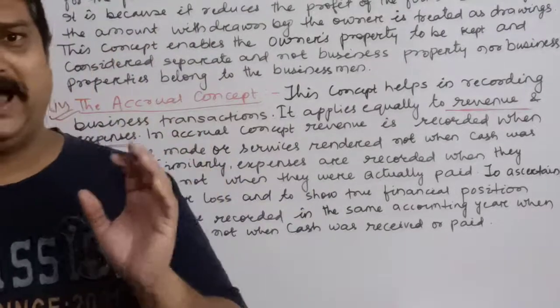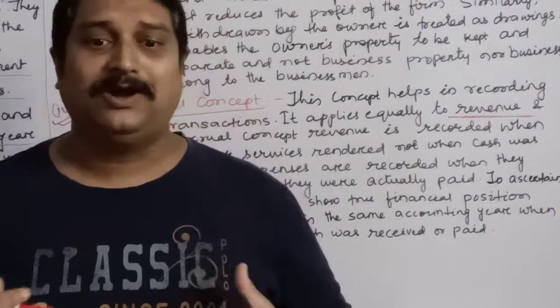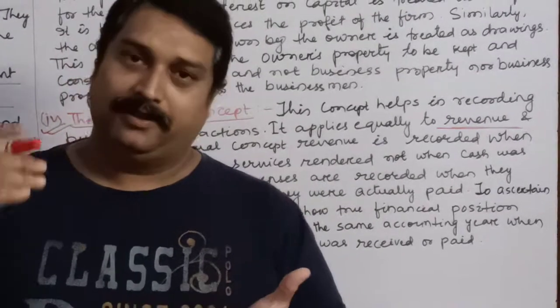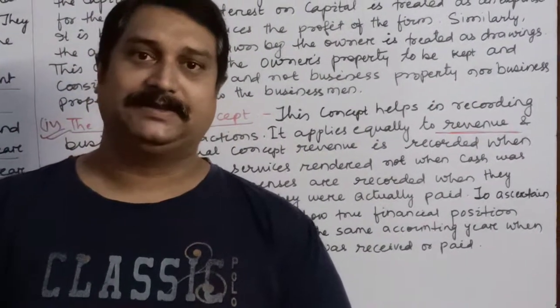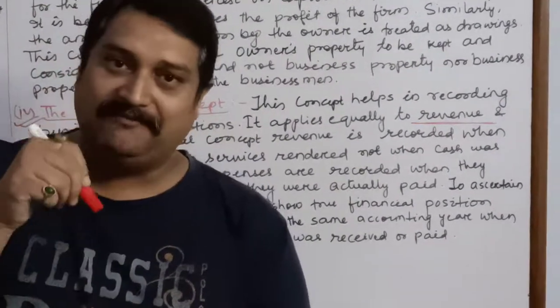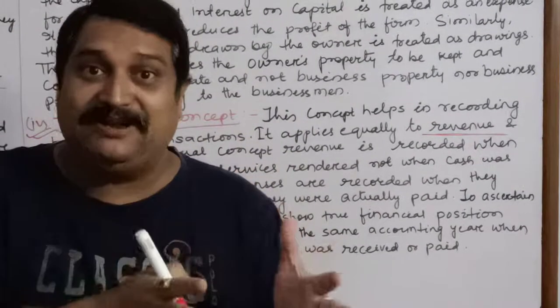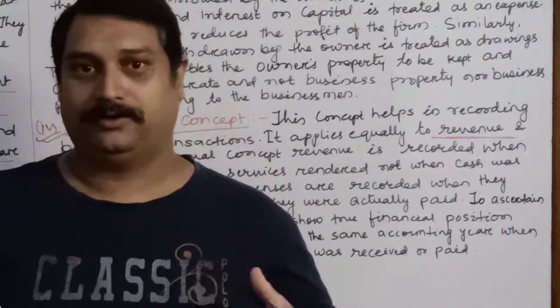Accrual concept, if I explain in very short, means record the business transactions as and when, in whichever accounting year they have taken place, irrespective of whether you have received cash or not, or paid cash or not.